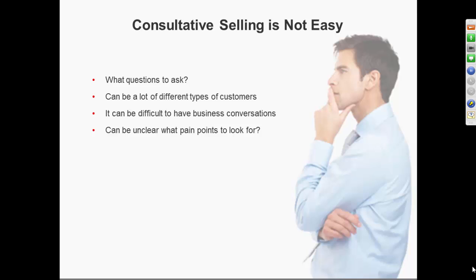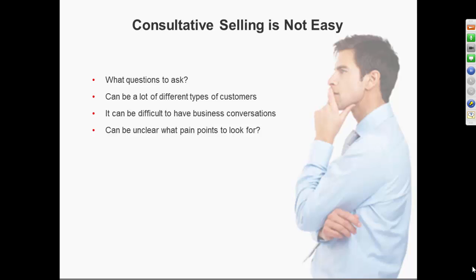The other thing is that there can be a lot of different types of customers. So let me give you an example. When I was a salesperson, one of my territories was selling to mid-market companies in all different industries. And so it was a bit difficult to become an expert in all these different industries.